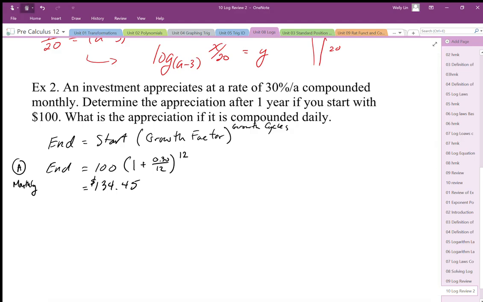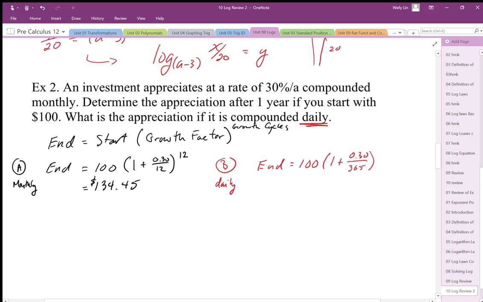Okay, so then let's look at this same problem, but we're going to do it daily. So what does daily look like? Same exponential growth problem, but now with the 30%, we're going to figure out how much of that interest is used each day. So I'm going to divide that 30% into 365 increments, and then over a year we're going to apply this interest not once, but 365 times.